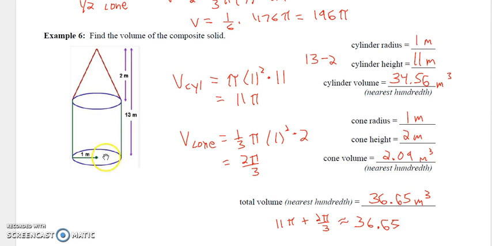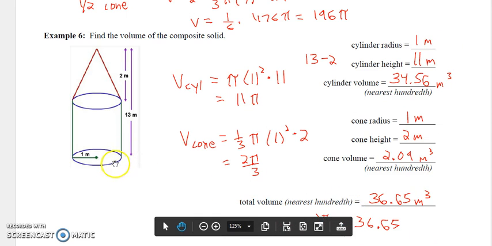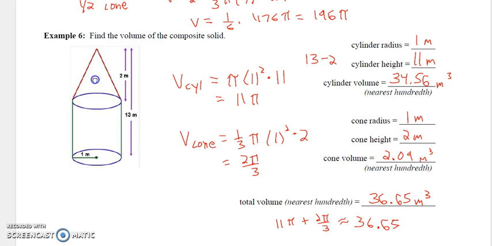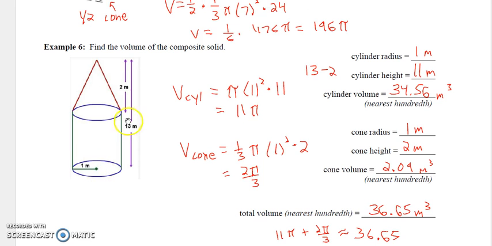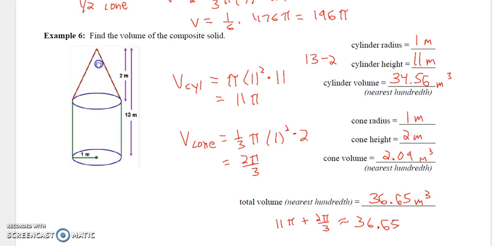These are the same, these are congruent circles. So the radius of the cylinder is 1, the radius of the cone is 1. Now, the height from here to here, this whole height is 13. But the height of the cone, as you can see right here, is 2. So that means that the height of the cylinder is 13 minus 2, which is 11.